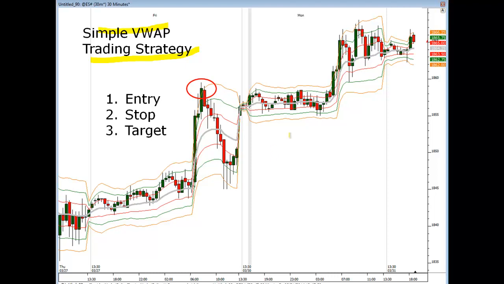Now, lest you think that that doesn't actually present many opportunities, you are wrong. I'll show you that even on this chart there are a number of opportunities, because of course you can take longs and shorts. In this case the trade is the exact opposite.